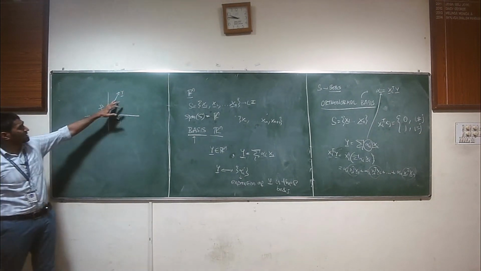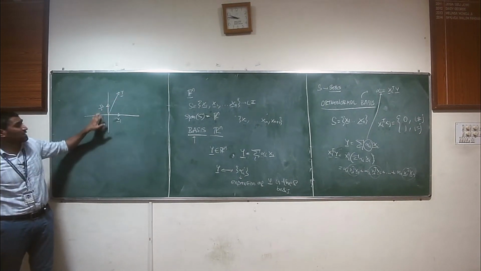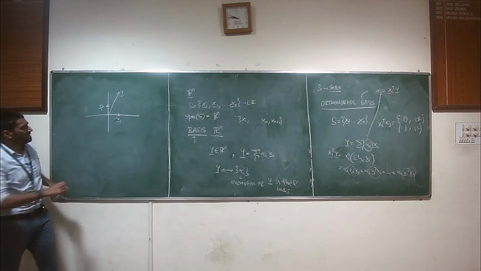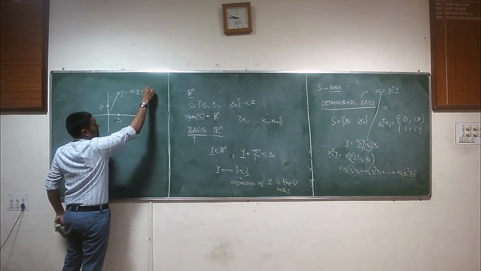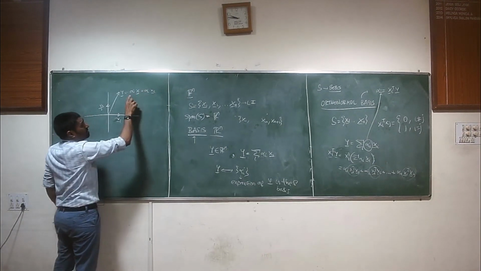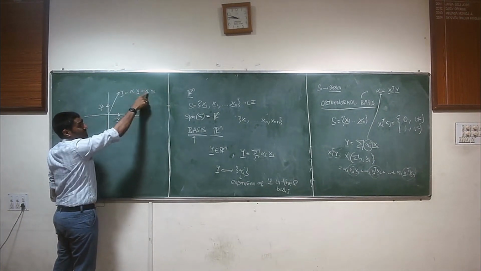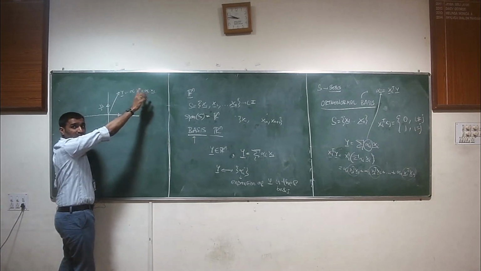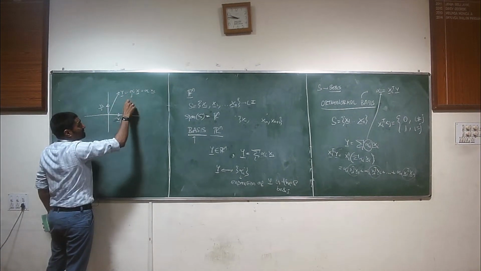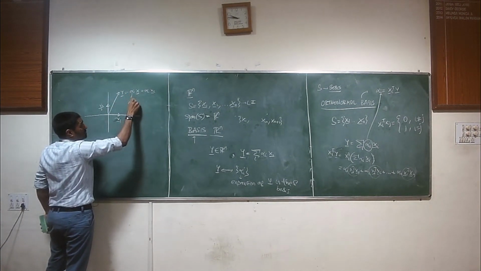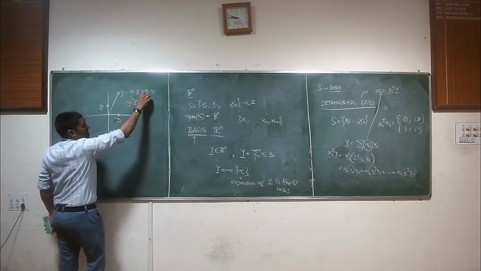I want to express y as a linear combination of these two. That means I want alpha 1 x1 plus alpha 2 x2. But then, what values do I choose for alpha 1 and alpha 2? Because this is an orthonormal basis, alpha 1 is nothing but x1 transpose y, and alpha 2 is simply x2 transpose y.